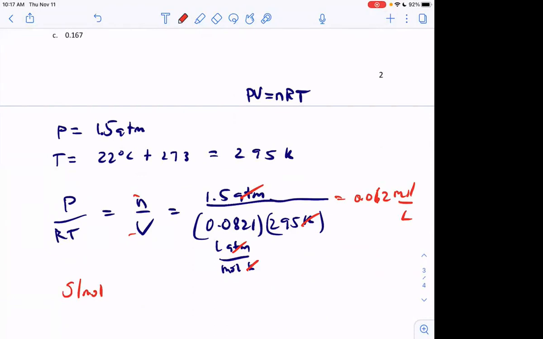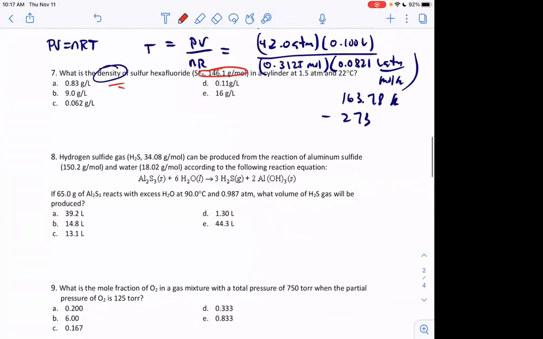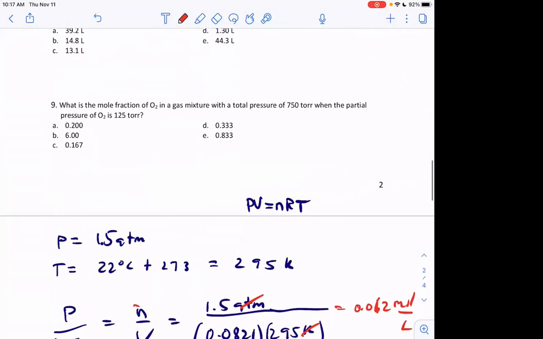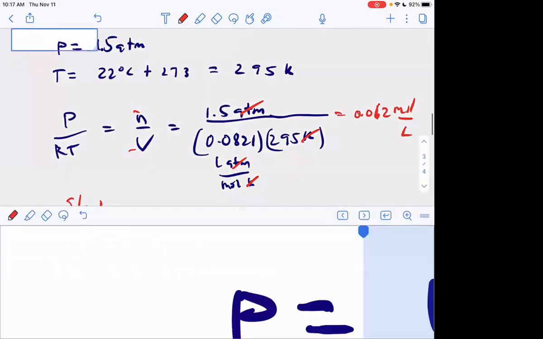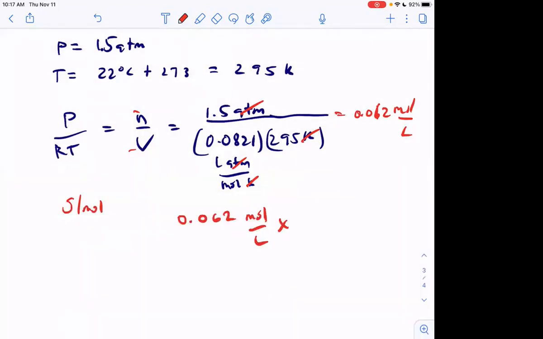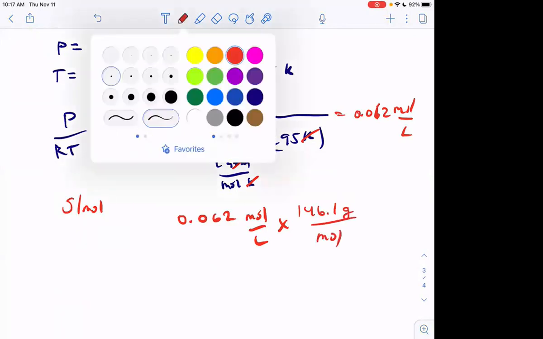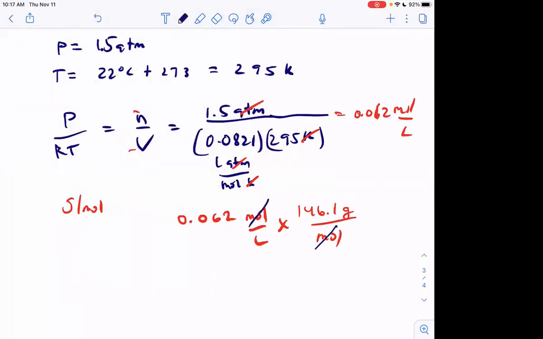So can you see that? If I take 0.062 moles per liter times, what was the number? 146.1 grams per mole, I will get an answer of grams per liter.